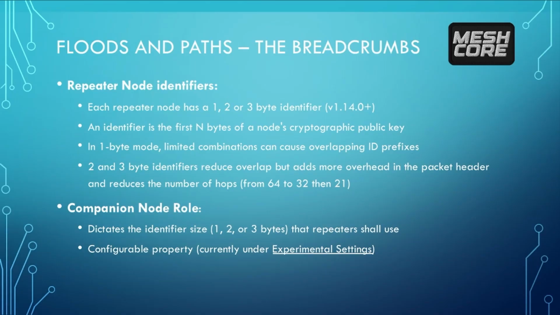And so as your message is being bounced around the mesh network through repeaters, each repeater is adding its own little breadcrumb to the header. That's why I mentioned earlier that a message packet is 184 bytes, but you only have like 130 to 140. Why? Because that header is getting packed with repeater identifications. Okay?